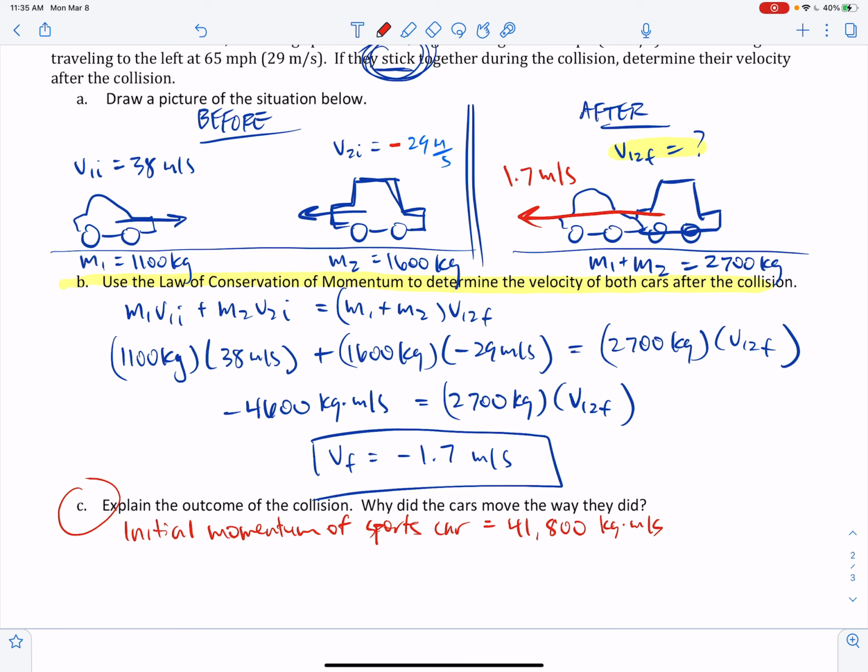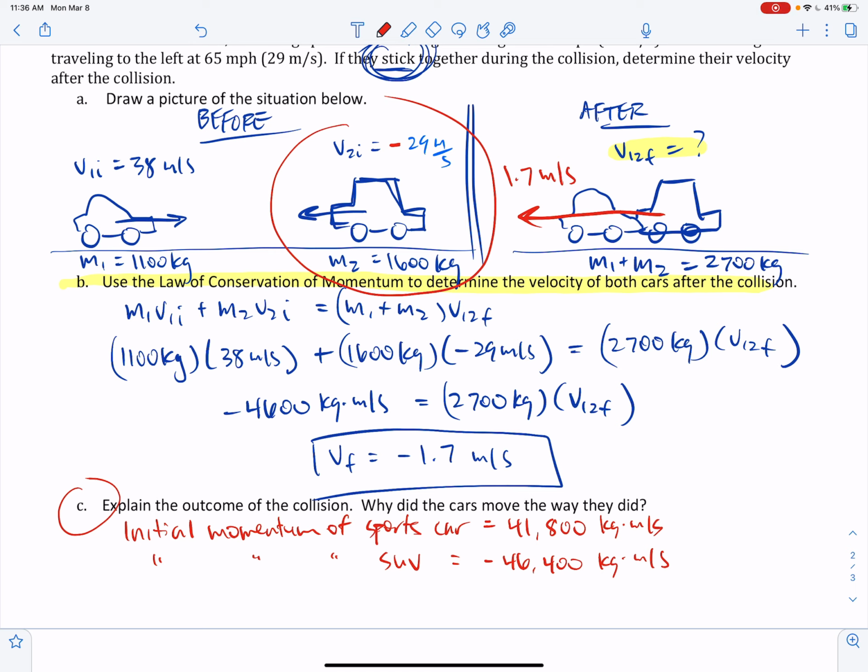Well, the SUV has an initial momentum of 1,600 times negative 29, and that is 46,400. So the initial momentum of the SUV is 46,400 in the opposite direction.